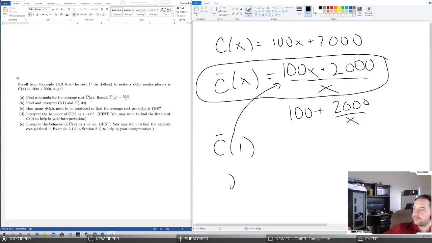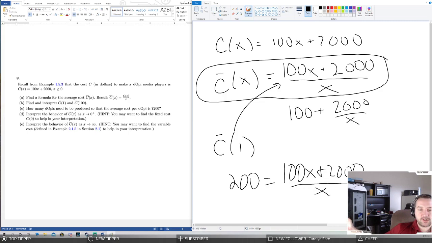So that means we have 200 equals 100x plus 2000 over x. You just want to solve for x. So multiply both sides by x. So 200x equals, and then, you know, you want to get x by itself, etc., etc.